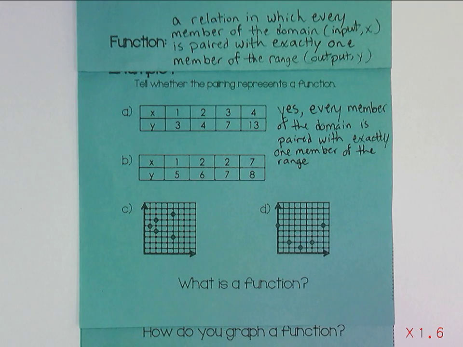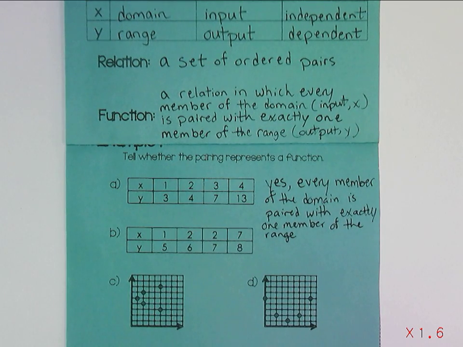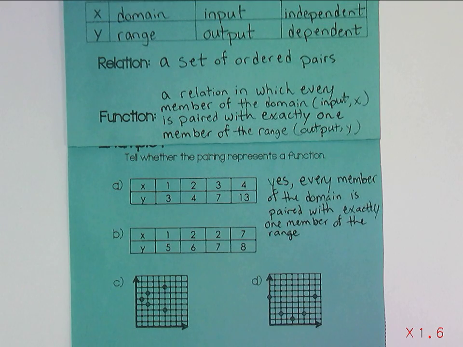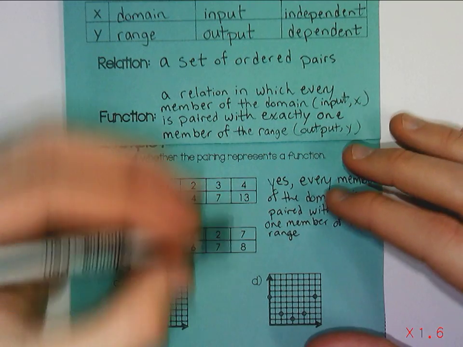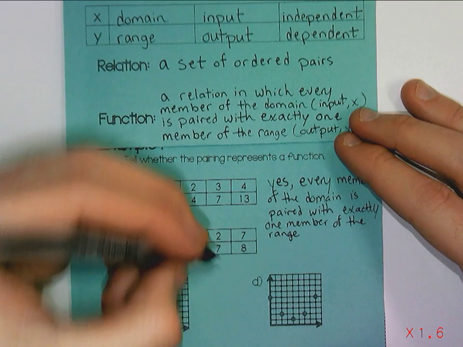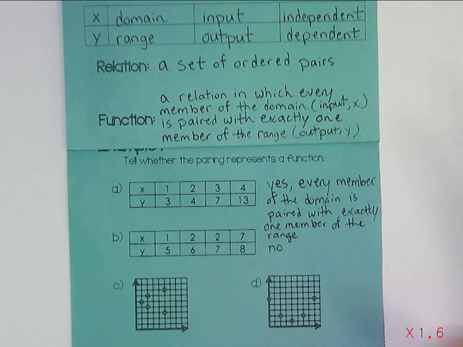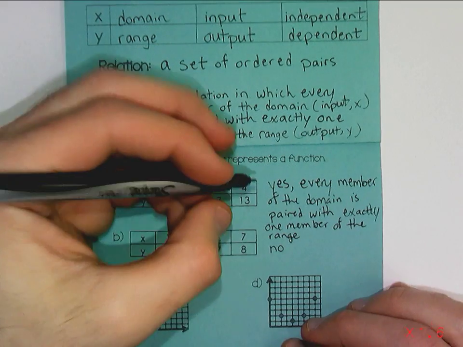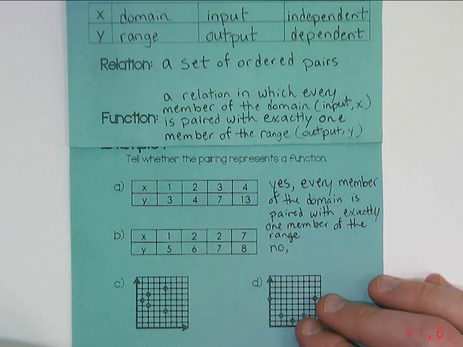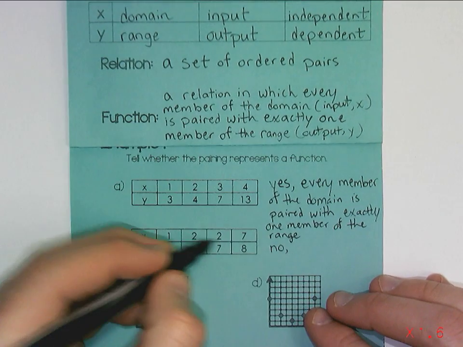Okay, give B a shot, remembering what the definition of a function is. Decide whether or not it's a function, and if it is, tell why, and if it's not, tell me why as well. So, in this case, you should have decided that no, this is not a function because 2 is paired with both 6 and 7.